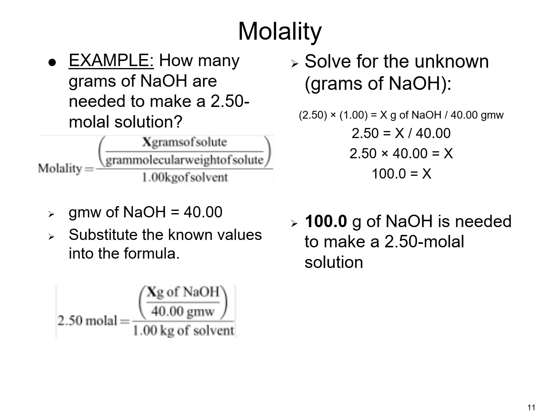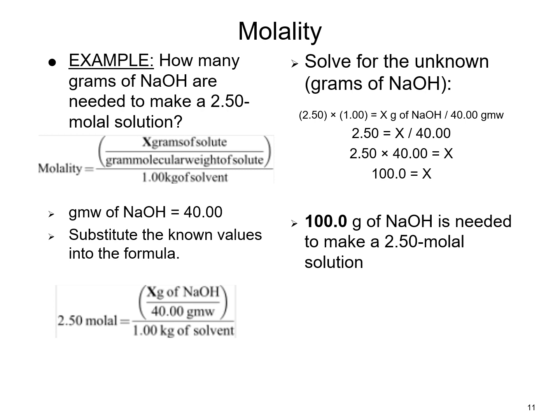So now let's do an example where we want to figure out how many grams of sodium hydroxide are needed to make a 2.50 molal solution. We'll use the molality equation where we are determining X grams of solute divided by the gram molecular weight of that solute, and then we're going to divide that by 1.0 kilograms of solvent.